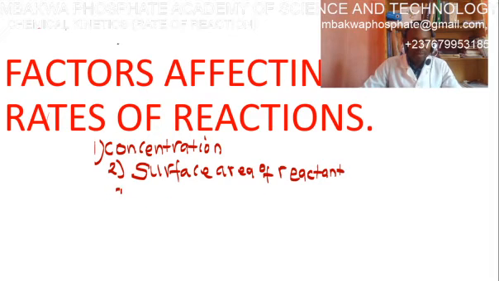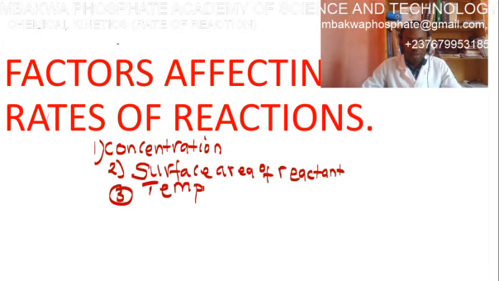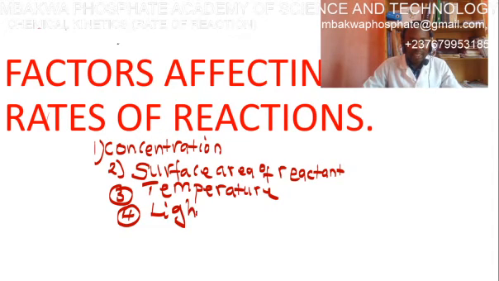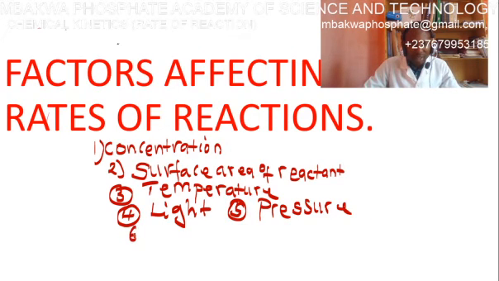Number 3, we have temperature. Number 4, we have light. Number 5, we have pressure. These are all factors that will affect the rate of chemical reactions. Number 6, we have catalysts.